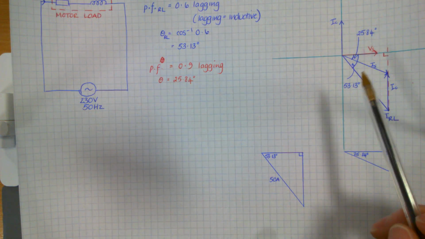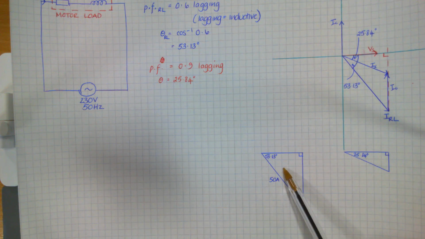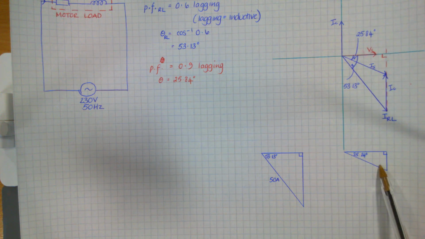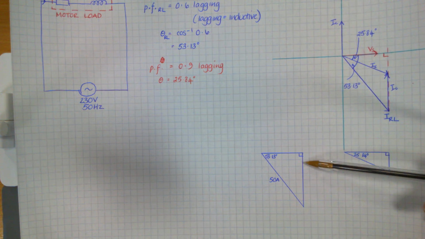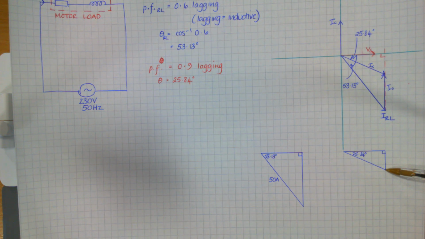So as you look at your triangles, you've got that big triangle, which is this triangle here, and then you've got this small triangle inside it, which is this triangle here. And to get IC, you're looking for the difference between that opposite and that opposite. That's what IC is.